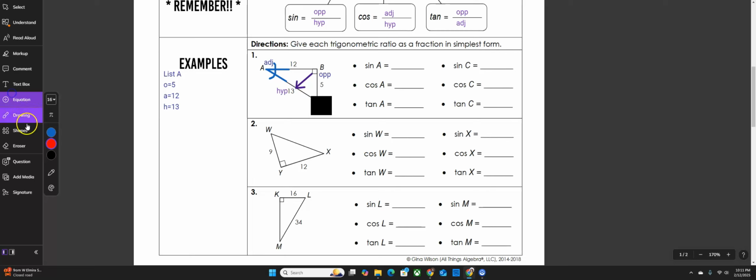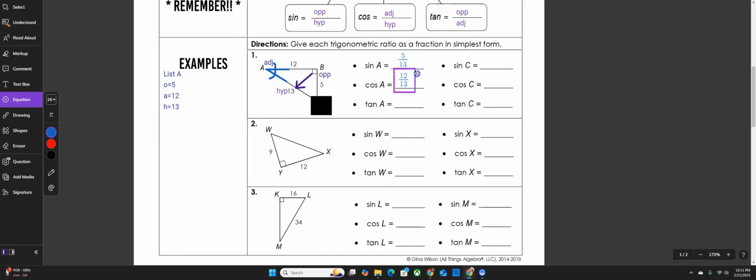So now I'm going to go ahead and look at sine of A. Sine is opposite over hypotenuse. Opposite is 5, hypotenuse is 13. Both of those numbers are prime, so therefore this cannot be simplified. Cosine of angle A is adjacent A over hypotenuse H, so 12 over 13.